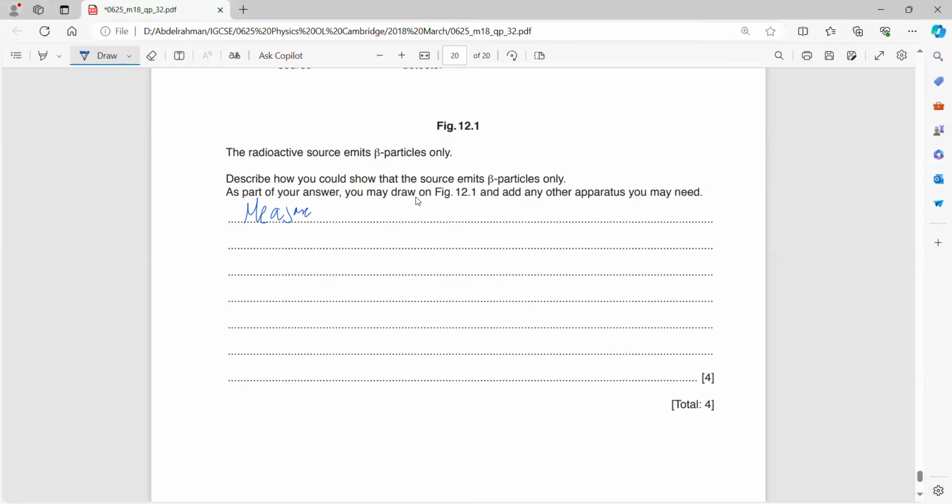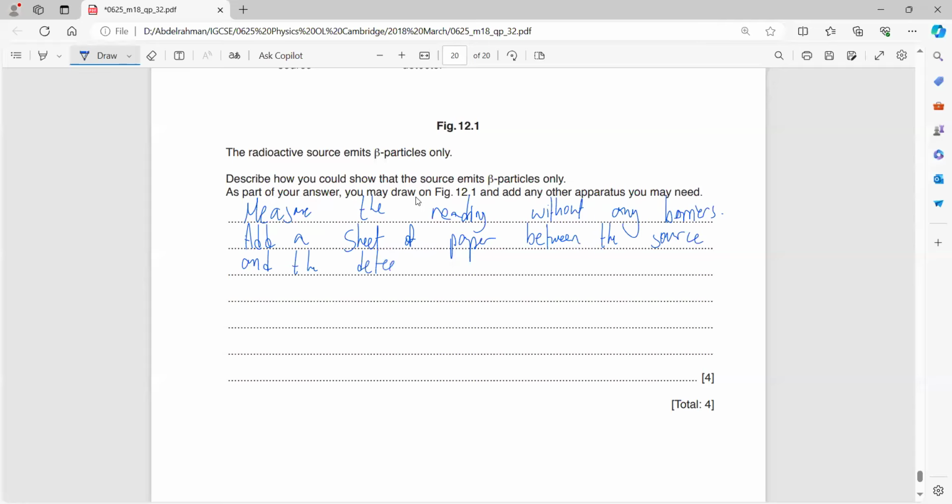Measure the reading of the emission, without any barriers. And then put or add a sheet of paper between the source and the detector.